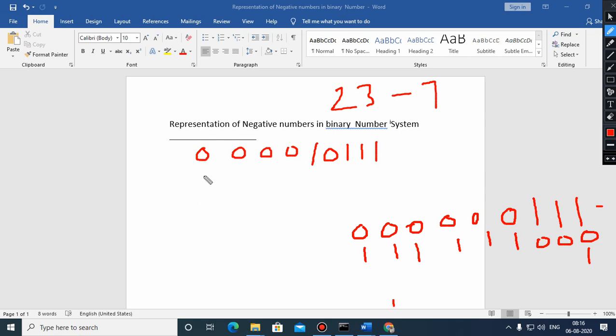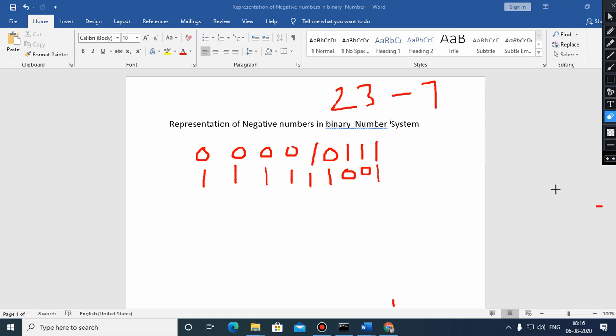So here the number becomes triple 1 in 2's complement I am talking about. So this one and this double 0 and 1.